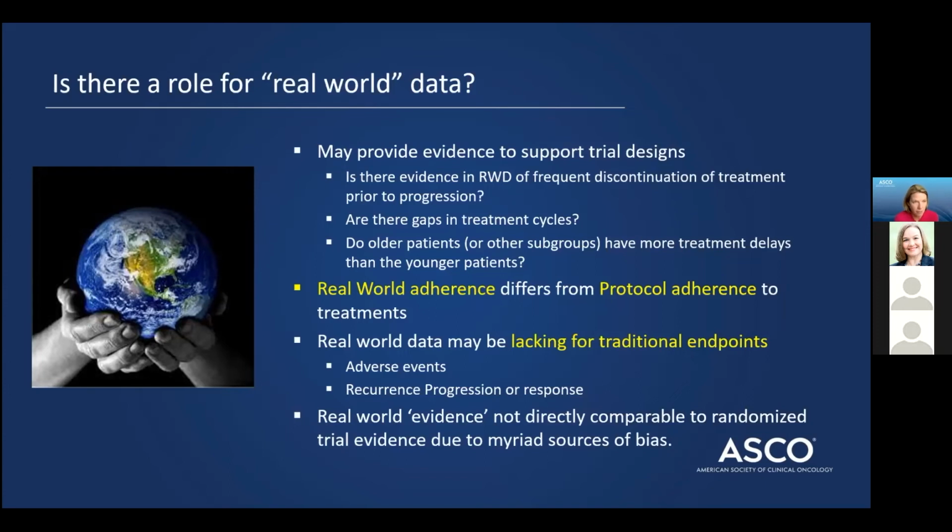So many of us in clinical cancer research are used to RECIST criteria or other standardized criteria. That's not something that you're going to see in a real world data set in a patient's EHR. So the real world evidence is not really directly comparable to randomized trial evidence, due to a number of different factors, but it still can be a valuable resource for understanding what is happening to patients that are being treated off protocol.